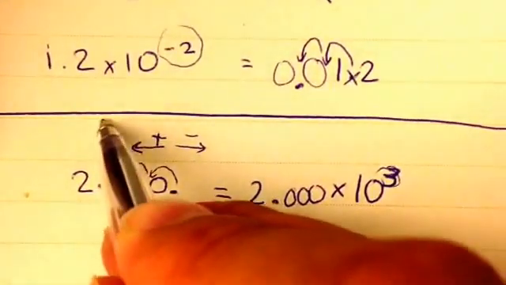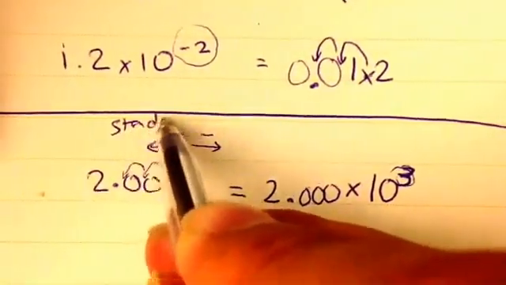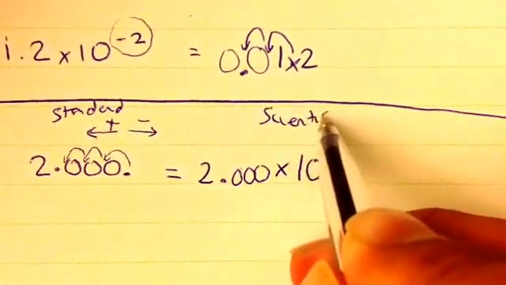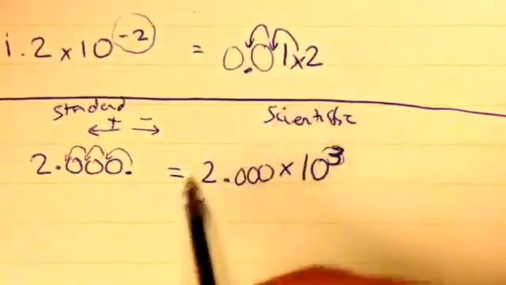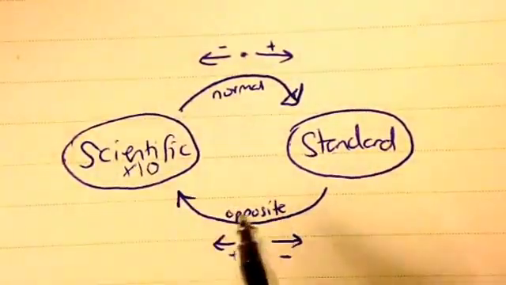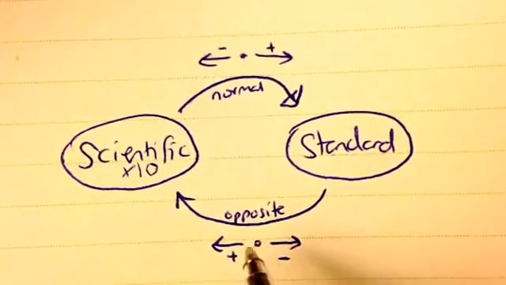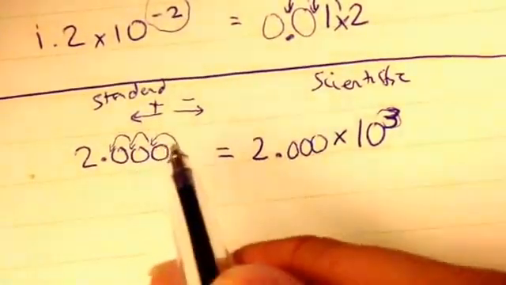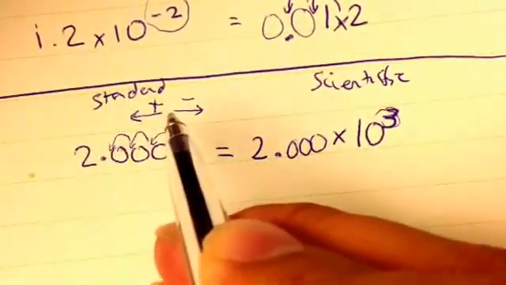So this is a standard, and this is a scientific. Going from standard into scientific, we move the dot left if it's plus and right if it's minus, the opposite of normal. So that's why when we moved it left, it was the opposite.